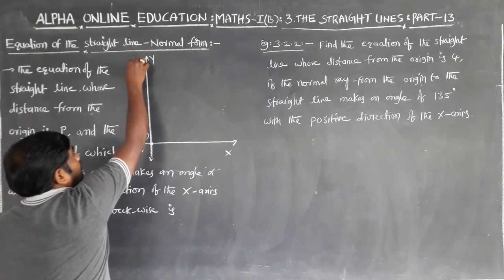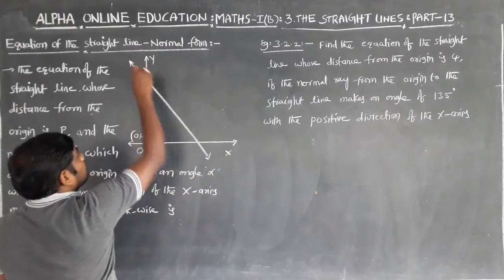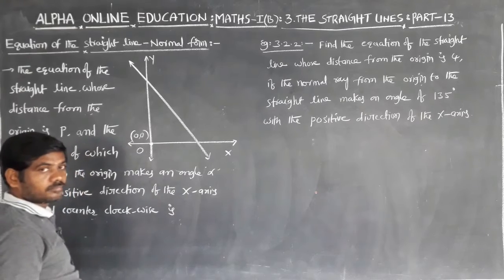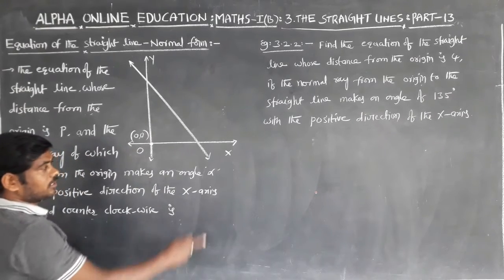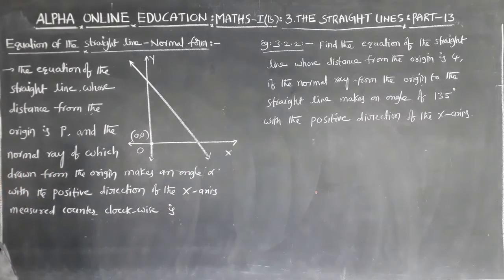This is the equation of the straight line in normal form.